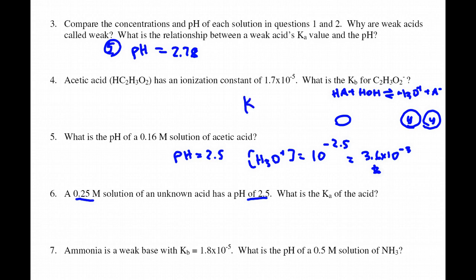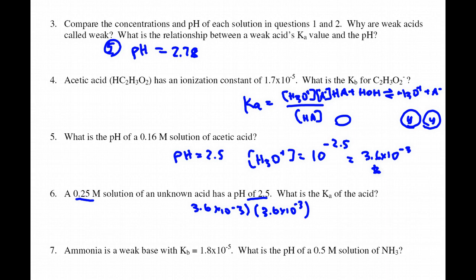The Ka would be H3O plus times A minus divided by HA. With a 0.25 molar solution at equilibrium, we can start plugging things in. So 3.6 times 10 to the power of negative 3 times 3.6 times 10 to the power of negative 3, divided by 0.25, and we should get the Ka as 3.99 times 10 to the power of negative 5.